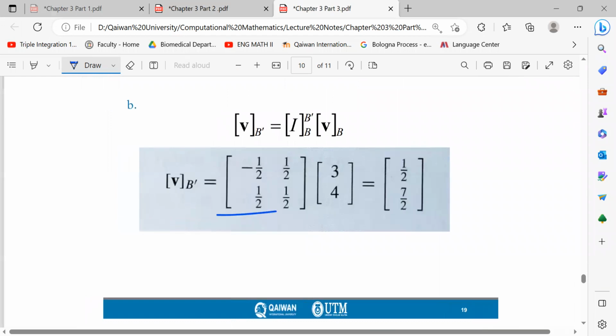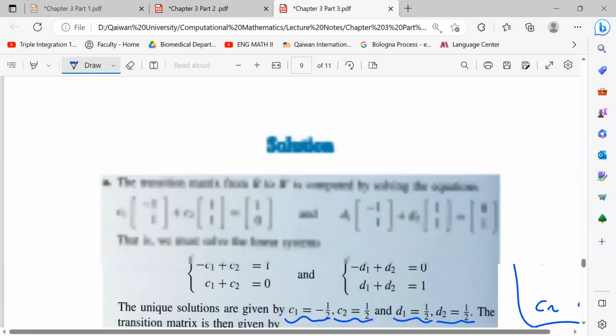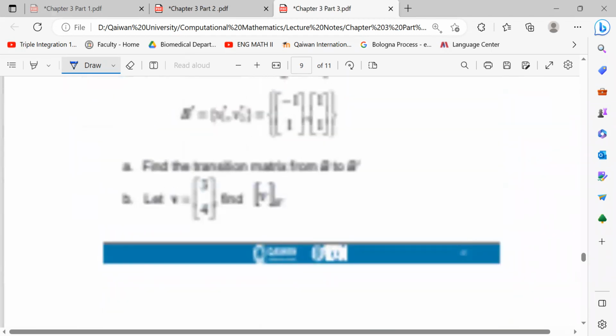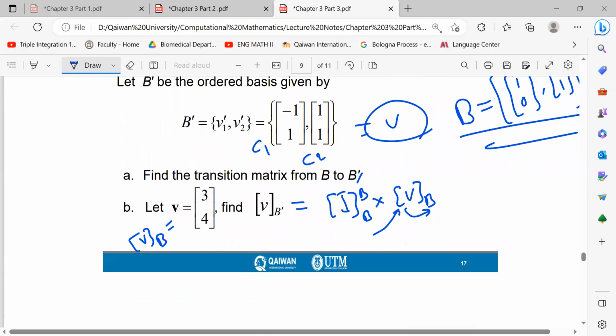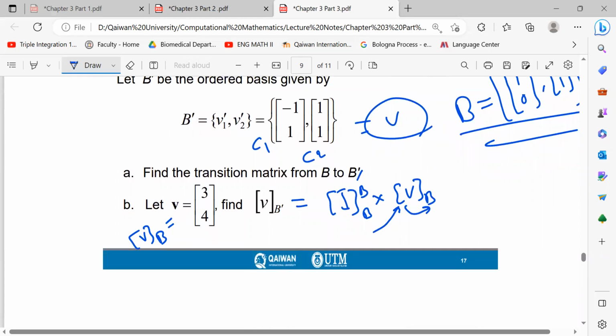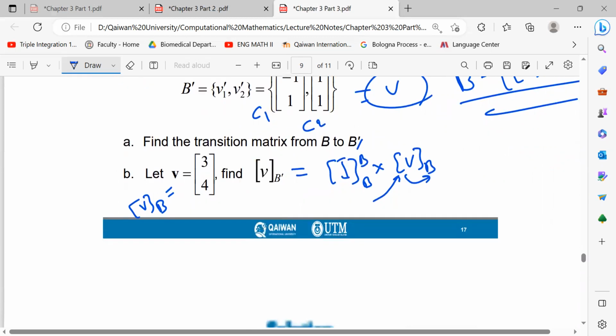That's it. It's 3 and 4. As you have the standard base, you get the same. This equals VB. It's the same because it's in terms of B. Okay.